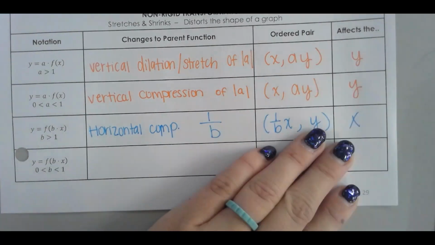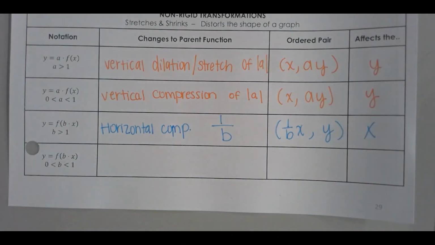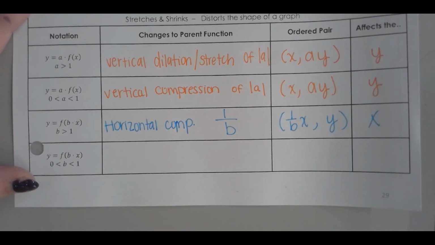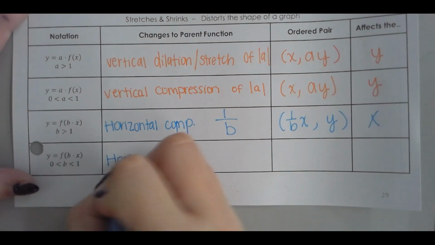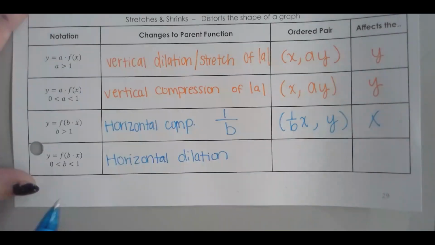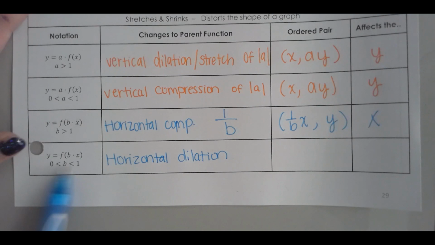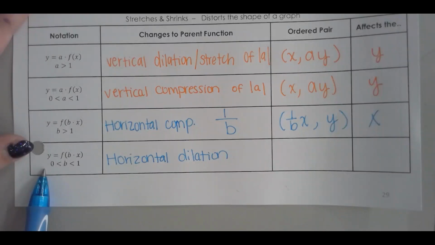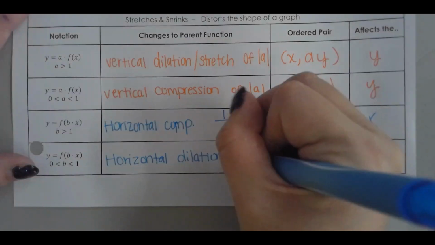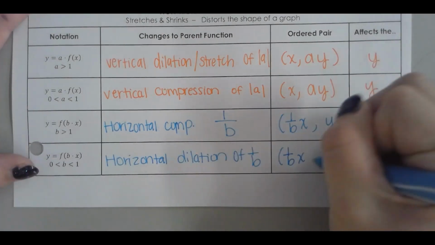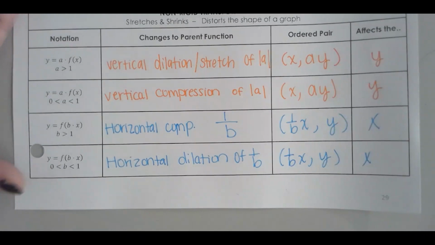So my x value is what is changed. B, and again 1 over bx y. So the x value is changed.